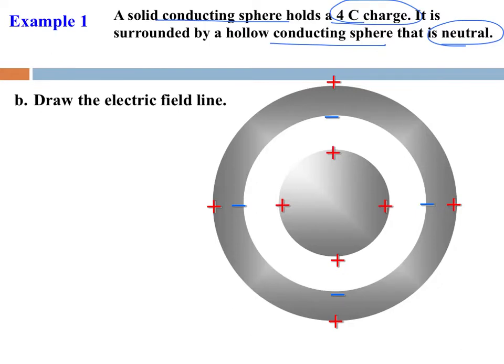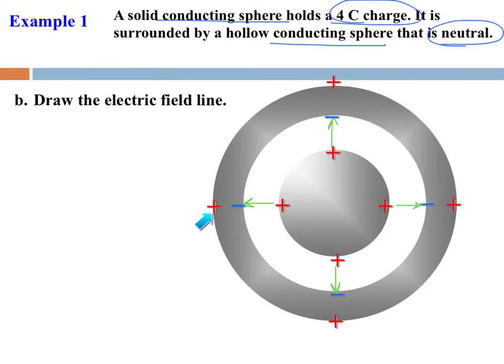But here I will have an electric field, and it will go outwards, from positive to negative, positive to negative, positive to negative, and positive to negative. Again, the outer shell is also a conductor. So inside, between these negatives and these positives, I still don't have an electric field.